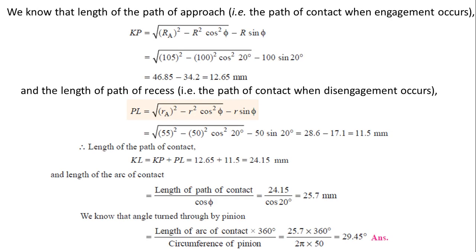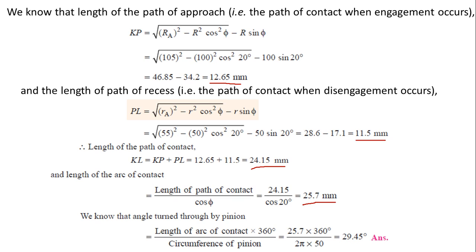So next you can calculate the length of path of approach. You know the formula: square root of r_a square minus r square cos square phi, minus r sin phi. From this you get the path of approach as 12.65, and the path of recess you get 11.5 mm, and the total length of path of contact you get 24.15, and the length of arc of contact you get 25.7 mm.